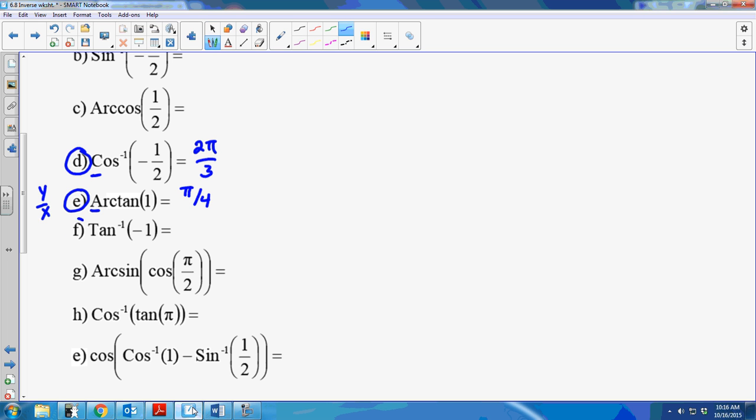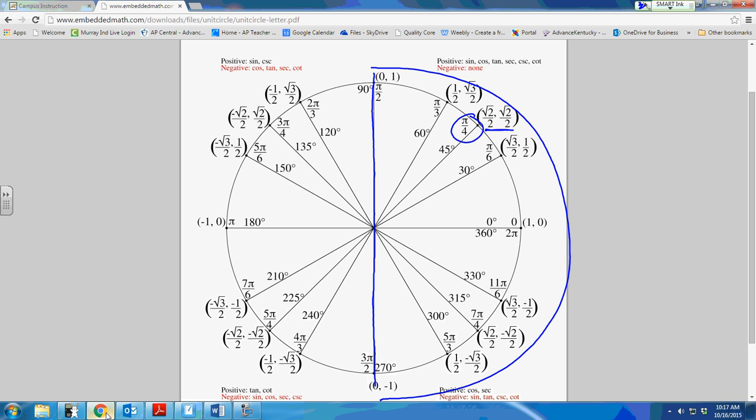For argument's sake, we're going to do F as well. Okay, so inverse tangent, capital T, but where tangent is negative 1. So where is tangent negative 1? Again, it has to be on that half of the unit circle. Right, so that is the location, but 7 pi over 4 isn't the right answer, because we can only use negative pi over 2 to pi over 2.